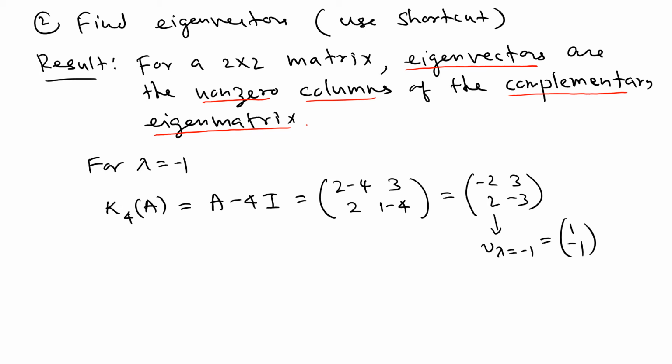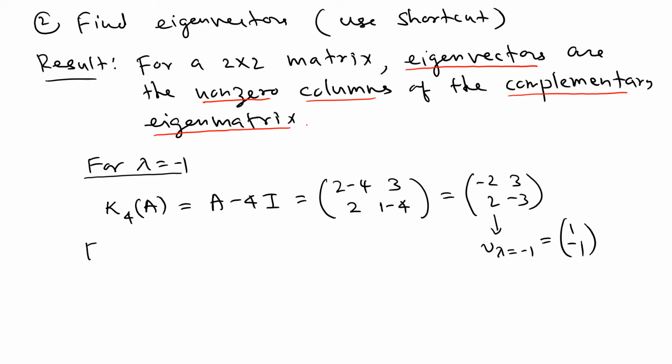You can scale it by dividing by any number so that you have something simple. So that's the eigenvector for lambda equal negative 1. So we do the same thing for lambda equal 4.